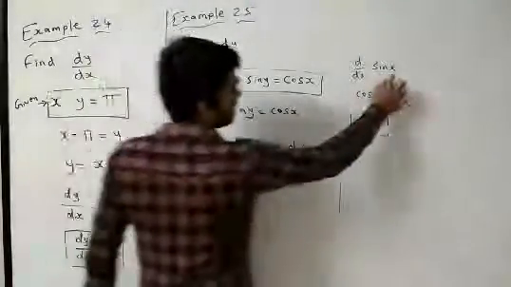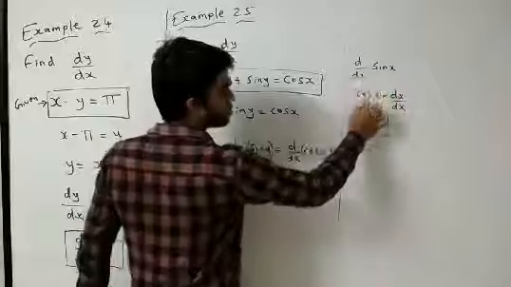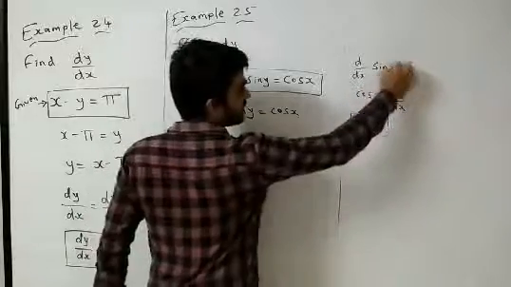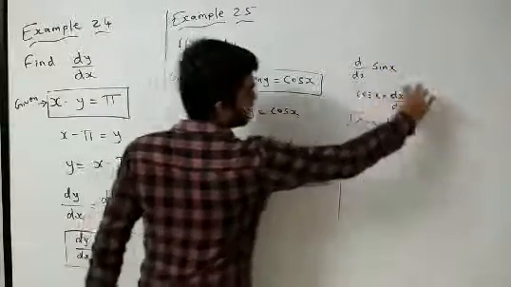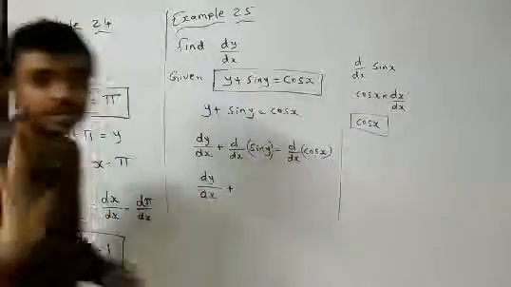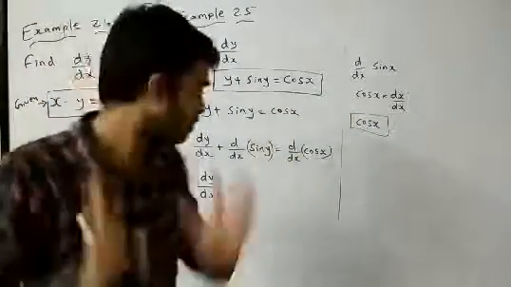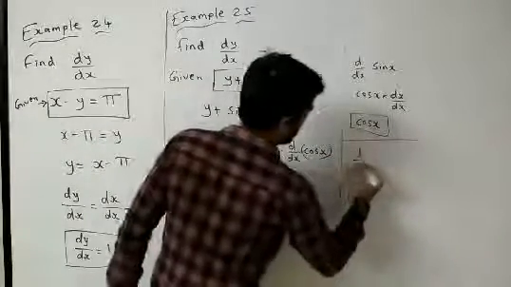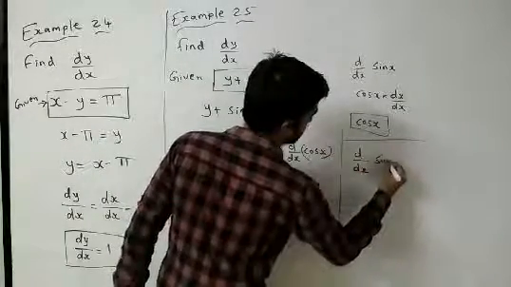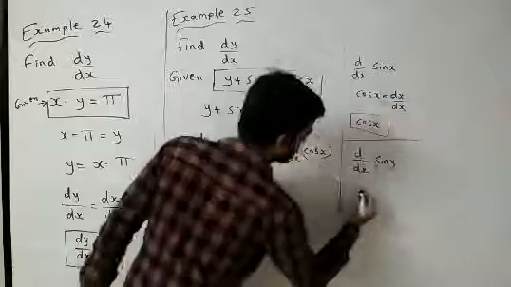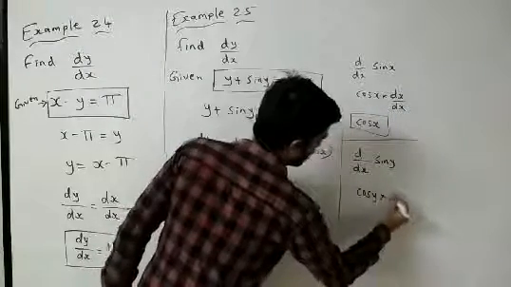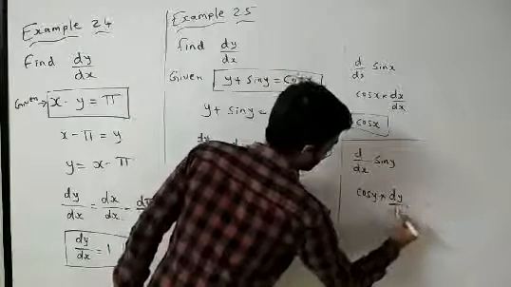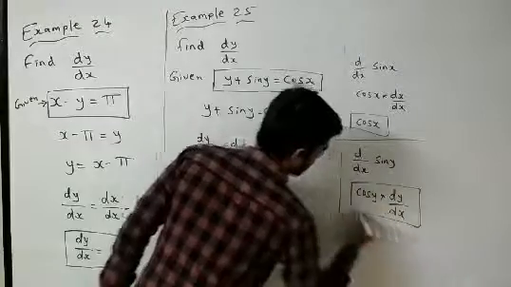Derivative of sin x, here x and x both are the same, so cos x, and the derivative of x with respect to x is 1, so here cos x. That is okay, all of you know, very good. But sin y is there: d by dx of sin y, derivative of sin, is cos y. Here this will be your answer.